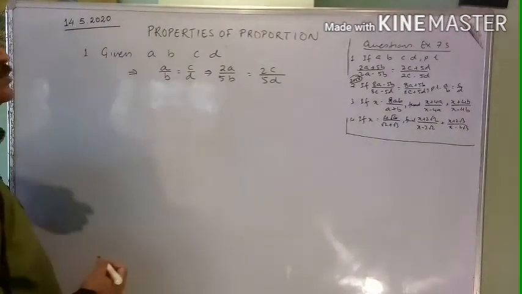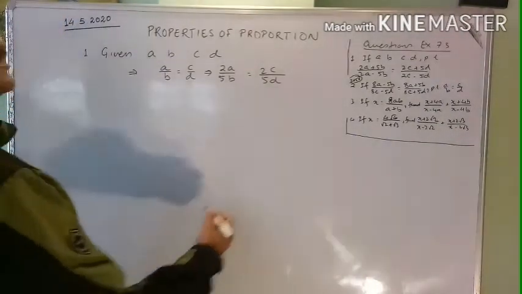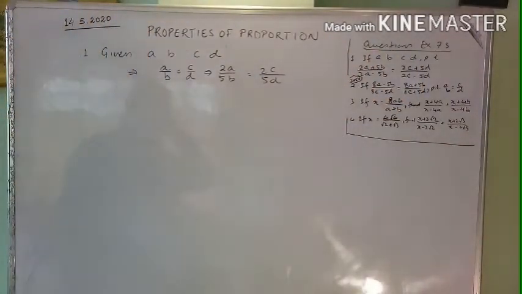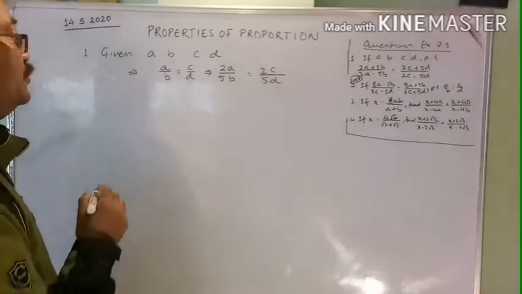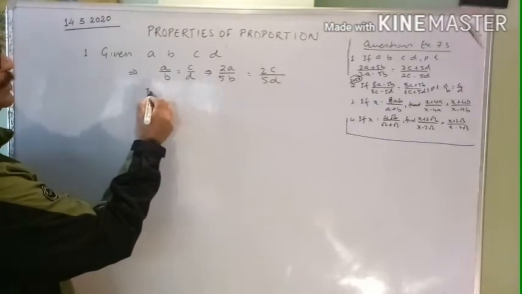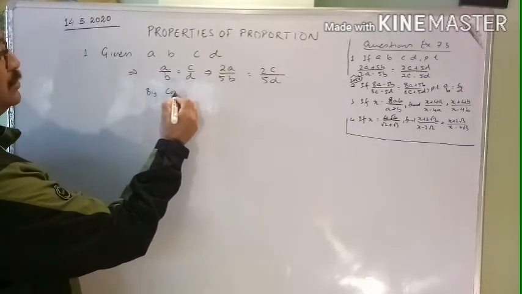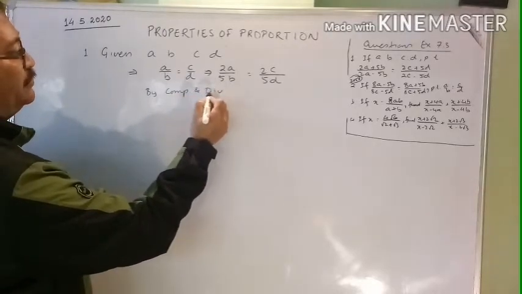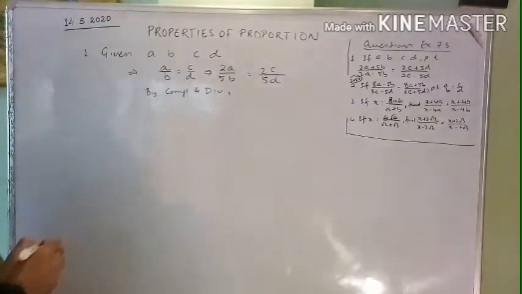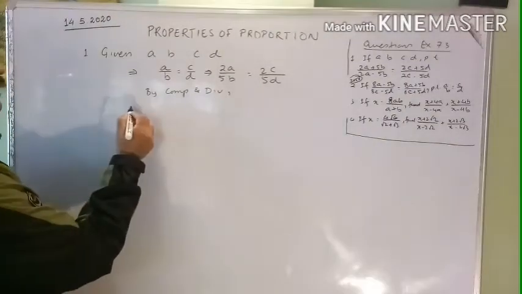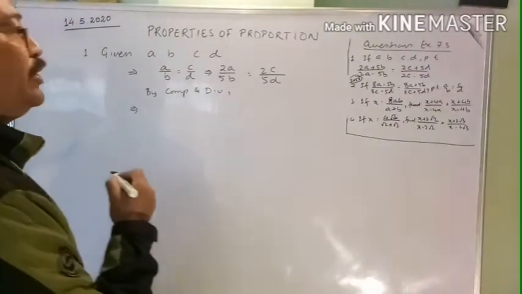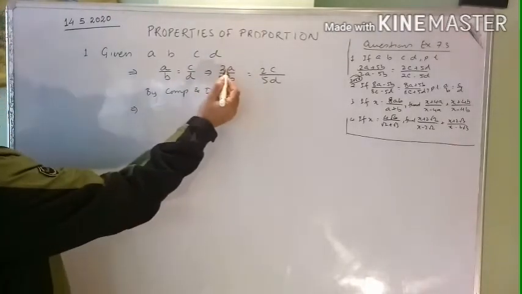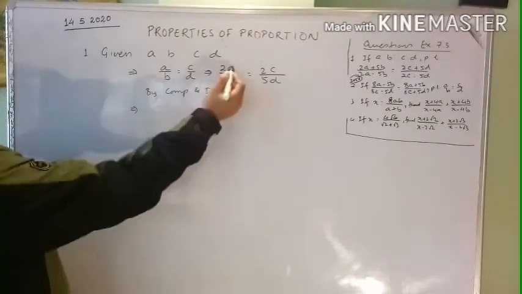So now, since there is plus minus sign here, we get by using componendo and dividendo. So understand this one. When we use componendo dividendo, in the numerator we add these two and in the denominator we subtract.